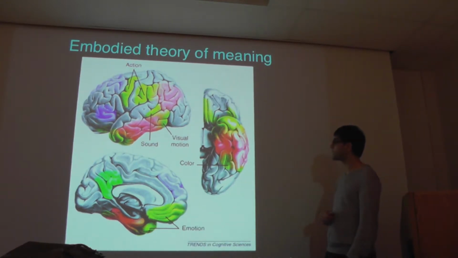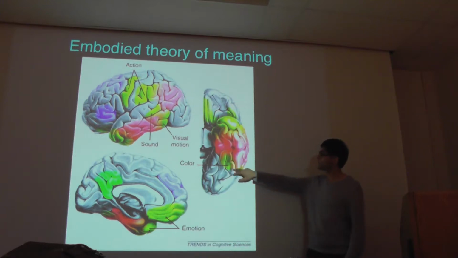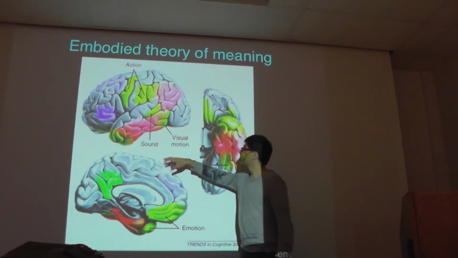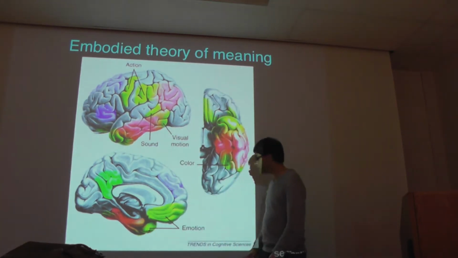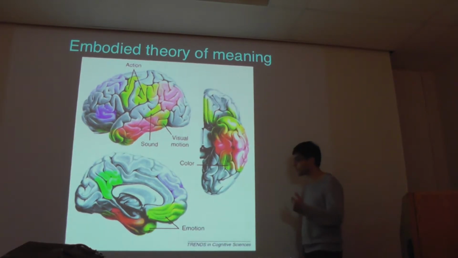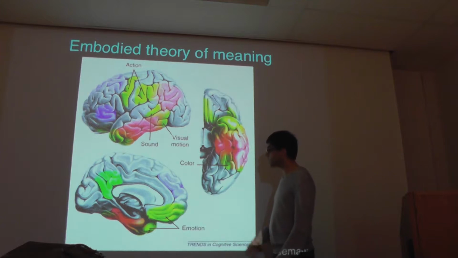And I'll show you an example of that in a minute. So color here is ventral temporal cortex, a V4 type area. Got motion, this MT. Sound, auditory cortex. So in the most literal sense, the idea is that different sensory modalities are involved in representing words that those senses would interact with. But it goes a little bit beyond that.